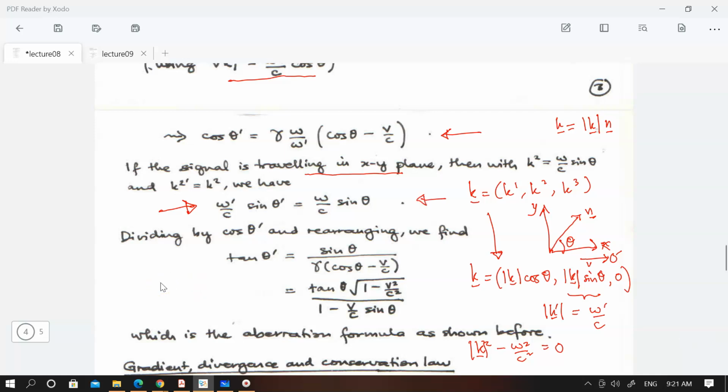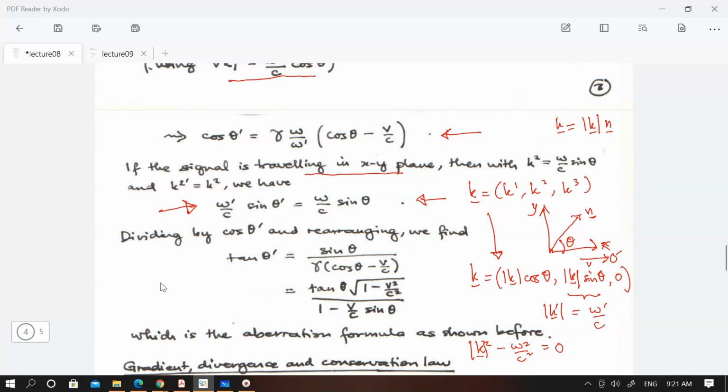So what one can do is essentially to remove the omega itself, by substituting your omega over omega dash over here, for example, and then you take your sine theta dash.